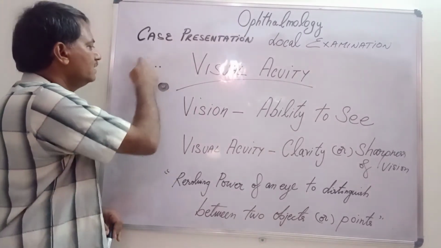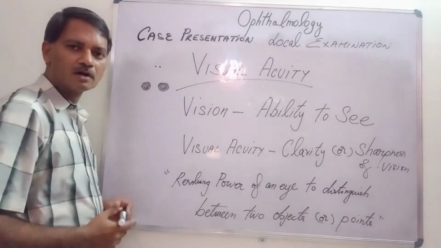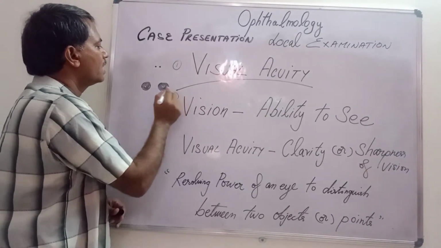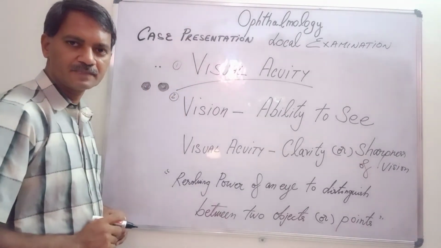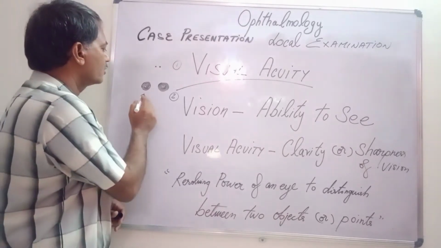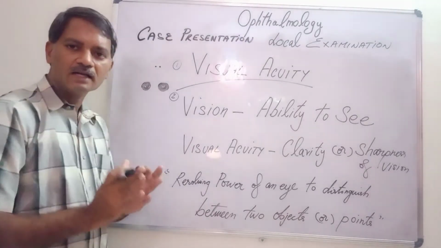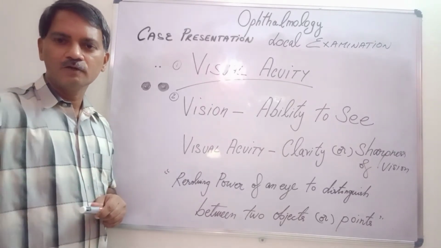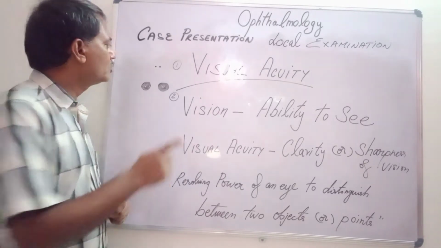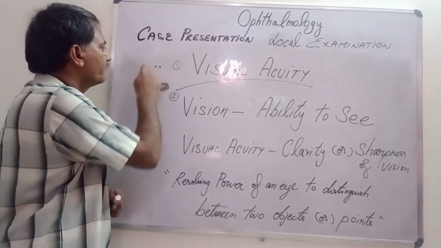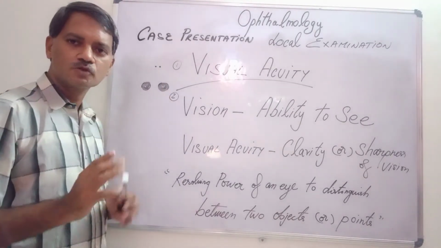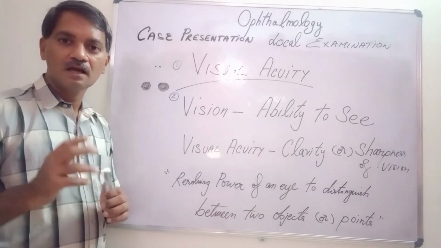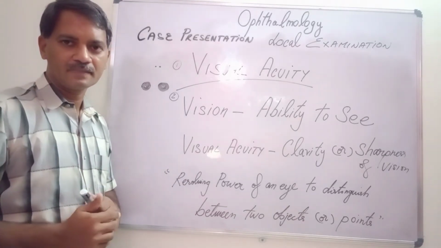Here you can see two pictures I have drawn. The first one, I have drawn two small dots at a closer distance. The second one, I have drawn two bigger dots at a farther distance. If an eye from a particular distance is able to identify the first two dots as two separate dots, then the visual acuity is far better.